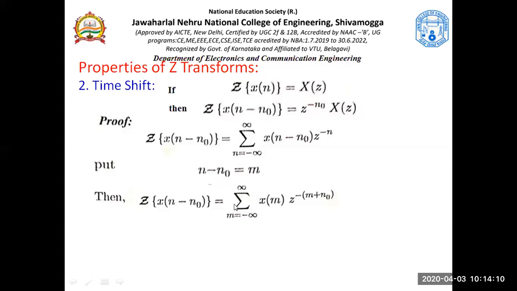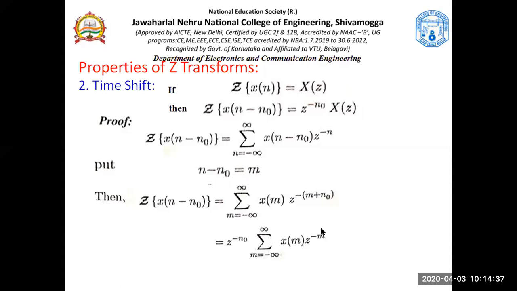This summation is running with m ranging from minus infinity to plus infinity. So if it is z to the power of minus m into z to the power of minus n naught, z to the power of minus n naught would have nothing to do here. So that z to the power of minus n naught can be taken out of the summation. Everyone understand that point?